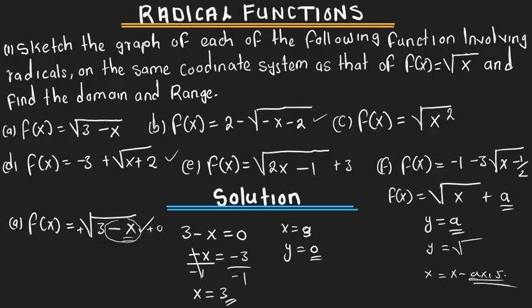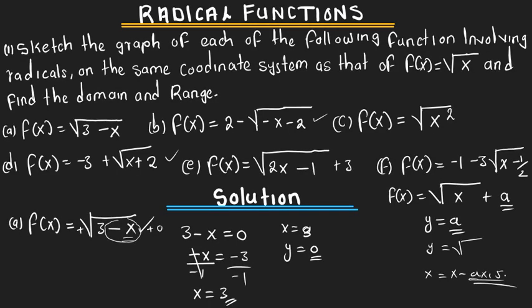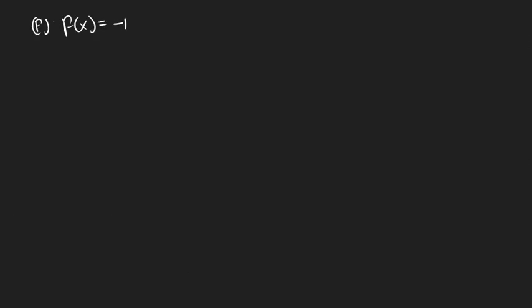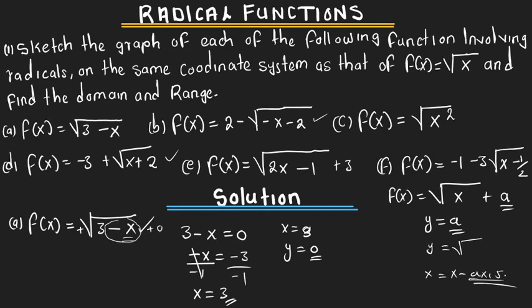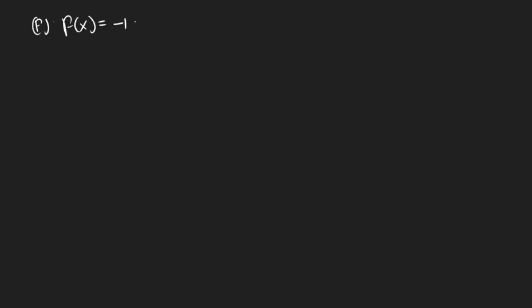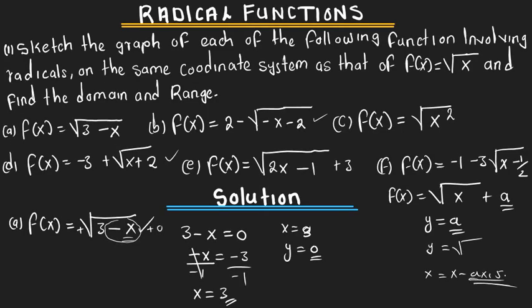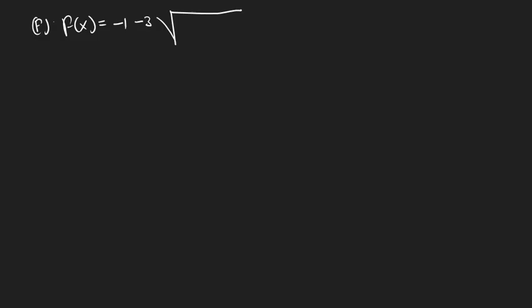Let me solve f. We see how simple it's going to be. You can try out the rest. F is a function, f of x equal to, we have been taught that this is going to be -1, then -3 square root of, this is going to be x minus 1/2.